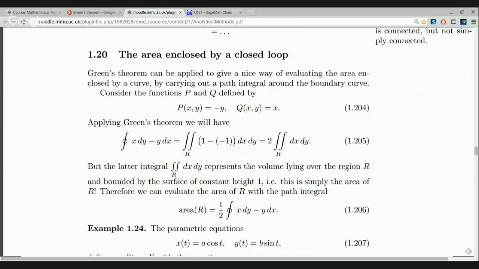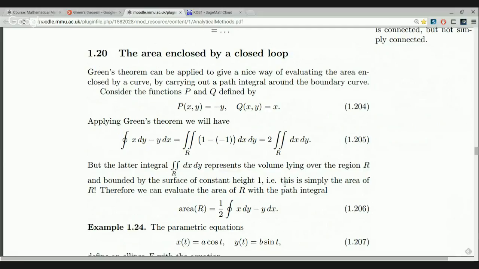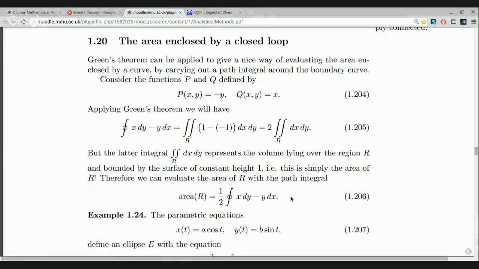But this is integrating, see, dx dy is the area element. So what we're seeing on the right-hand side is 2 times the area of the region R. So if you divide both sides by two, we get this expression here, that the area of any region can be found by integrating this linear differential form, x dy minus y dx, around the boundary of the region.